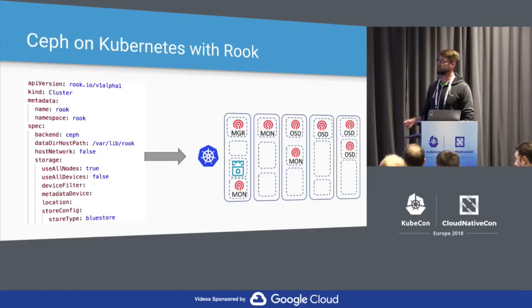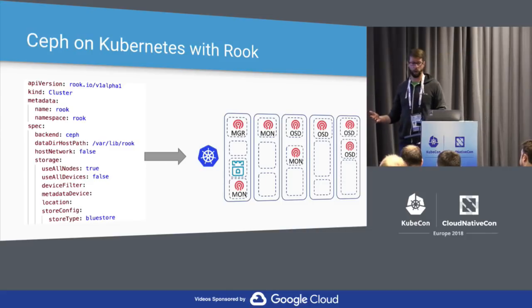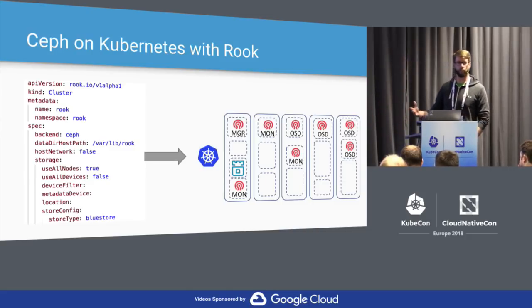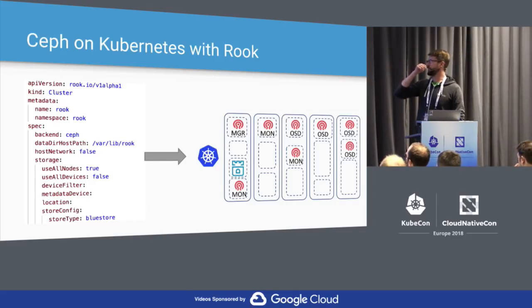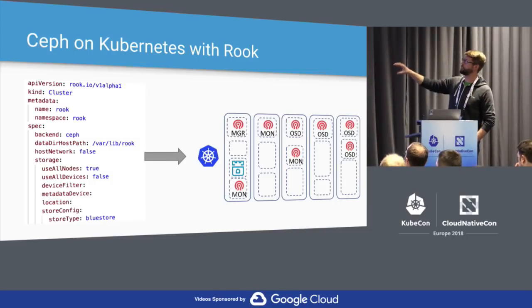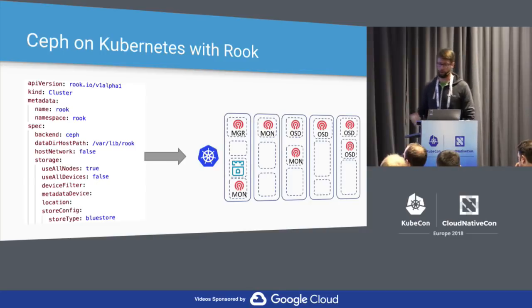They can specify things like what devices to use, where metadata should go, and the networking information, whether to use the pod overlay network or to use the host network. And on the right, we see a little visualization of the various components of Ceph that have gotten placed and scheduled around the cluster by the Rook operator. And at the end of it, we have a functioning distributed storage system that's been deployed within our Kubernetes cluster and can now be managed by the operators and various Kubernetes constructs.